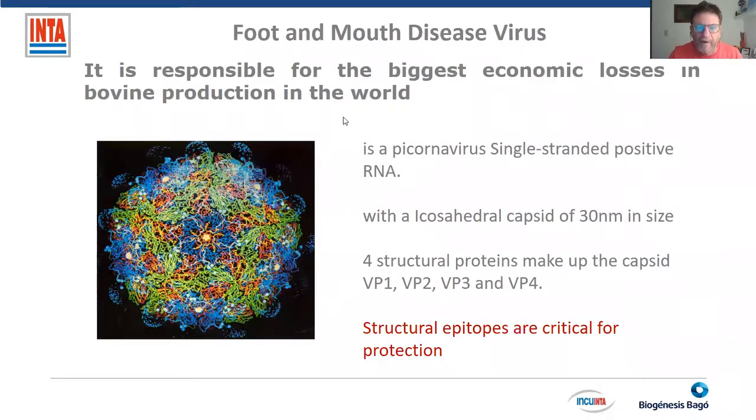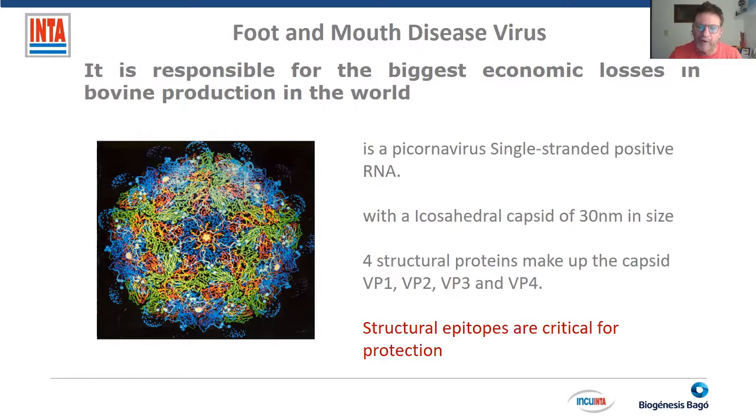Just to mention, probably you know that, but foot and mouth disease virus is responsible for the biggest economic losses in bovine production in the world. It's a picornavirus, a single-strand positive RNA virus with icosahedral capsids, and this capsid is made by 4 structural proteins.